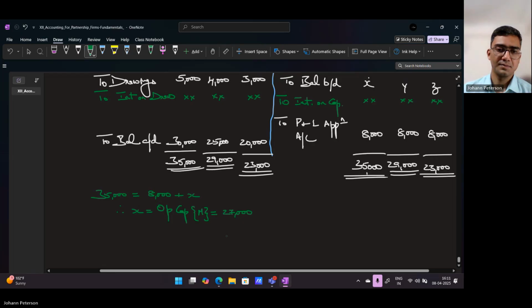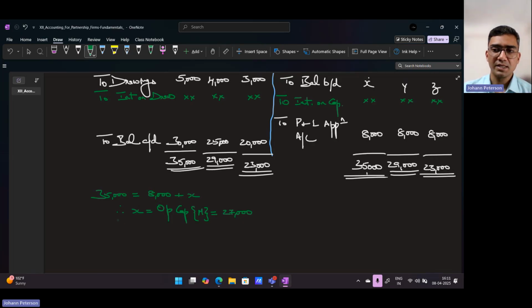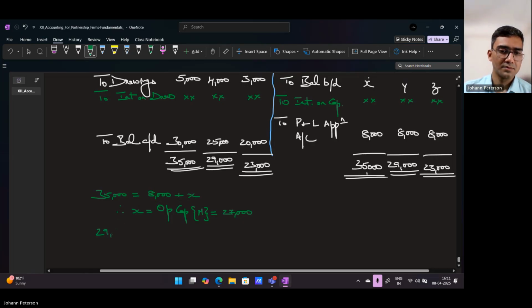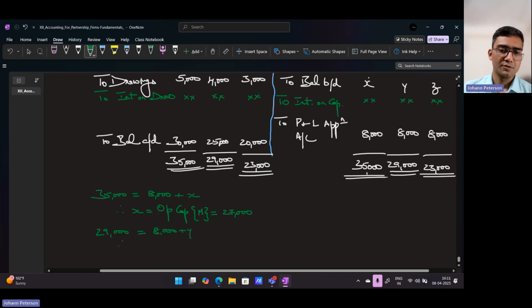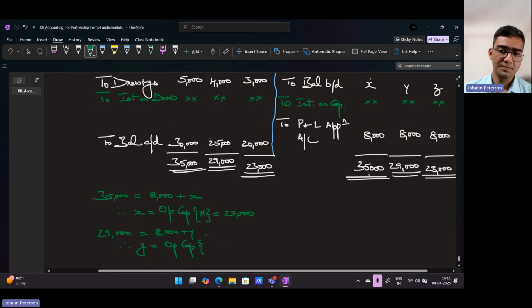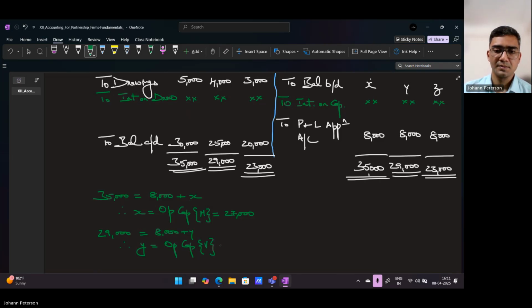Similarly, 29,000 equals 8,000 plus Y. Therefore, Y equals opening capital of V, which is equal to 21,000.